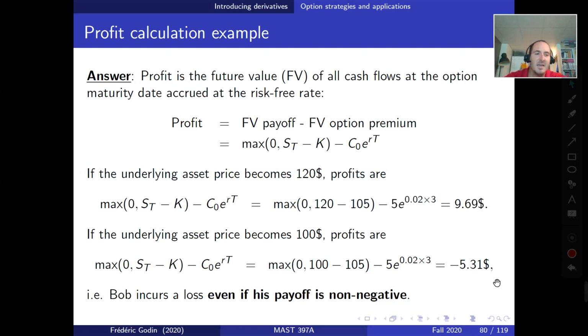So in the second case, even though its payoff was non-negative, in fact the payoff was 0 in this situation, Bob incurs a loss, because he gets 0 payoff from the option, but he had to pay a positive premium to enter this transaction. So at the end, he will have lost money from that deal. Okay, so this can be seen not from the payoff, but from the profit.